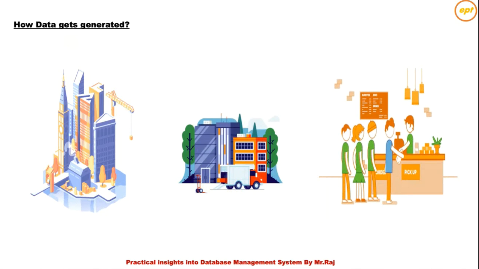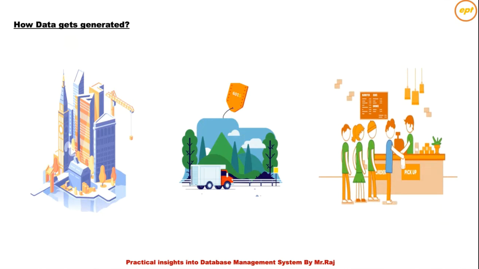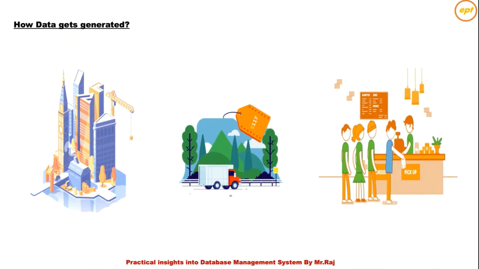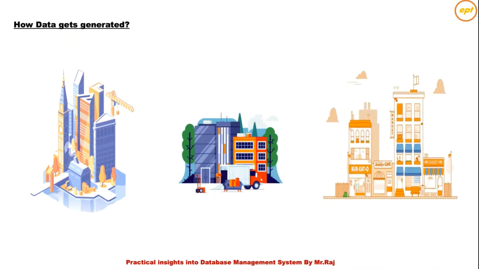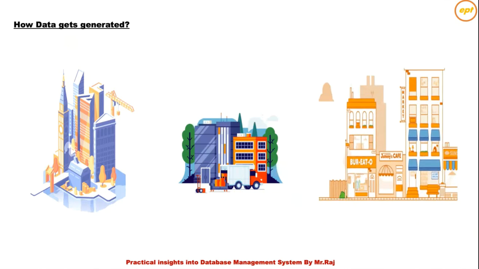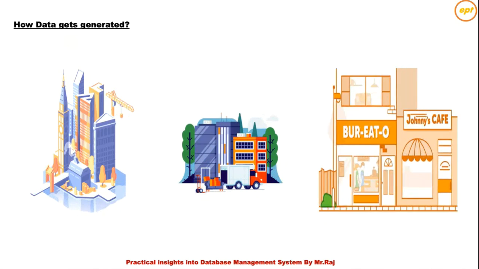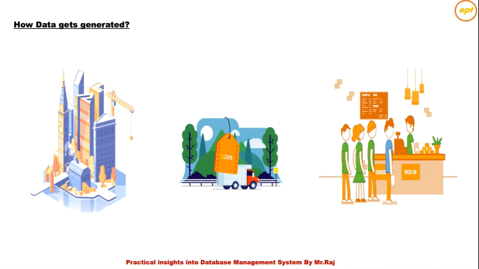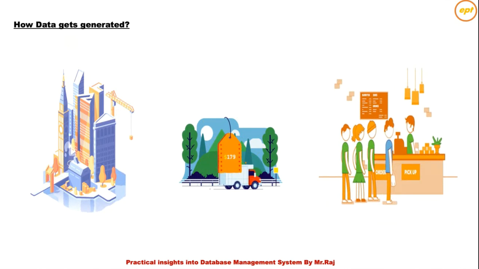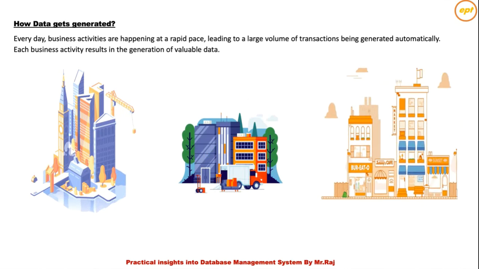So whenever any business transaction is happening, the data gets generated, right? It could be anything. If you talk about Amazon, it is handling hundreds of orders every second, millions of customers are there, millions of products are there. How is it handling? Whenever any transaction related to the orders happens, data gets generated, isn't it? That is what I am saying.